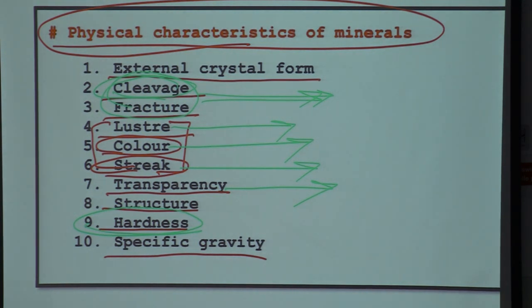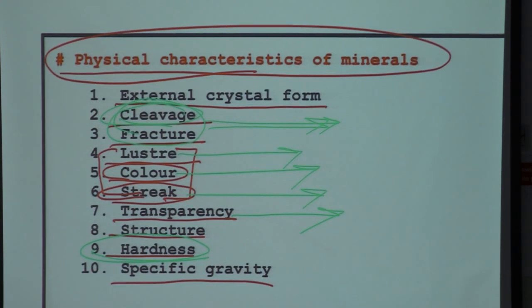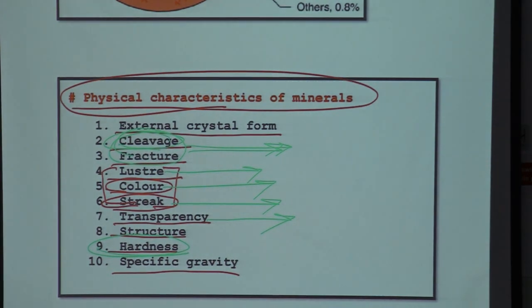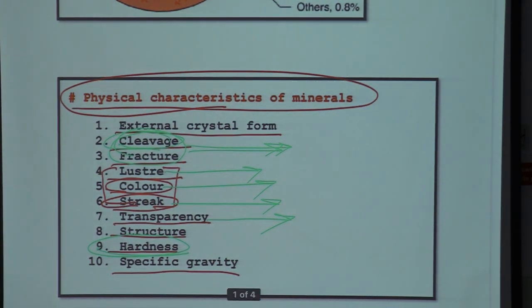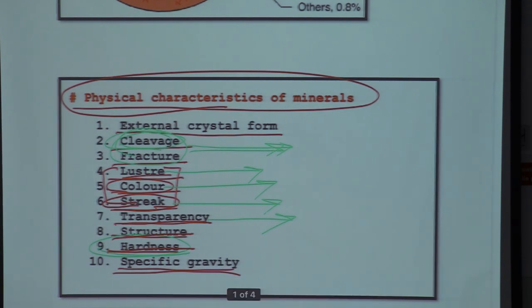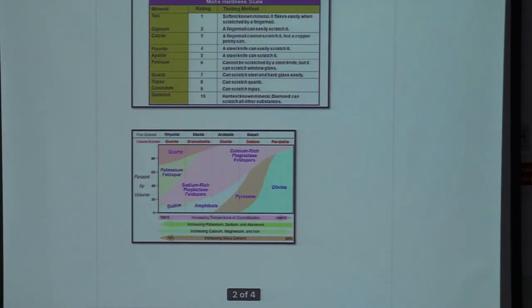So the physical characteristics of minerals incorporate cleavage, fracture, luster, color, streak, transparency, structure, hardness and specific gravity. And anything that goes beyond this level of study will be by default.